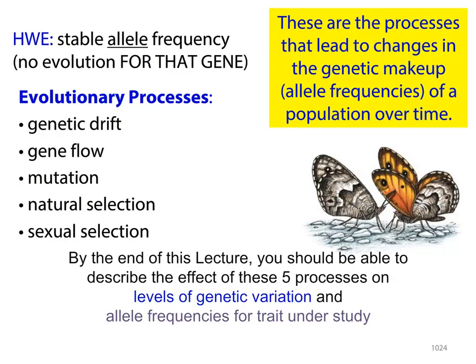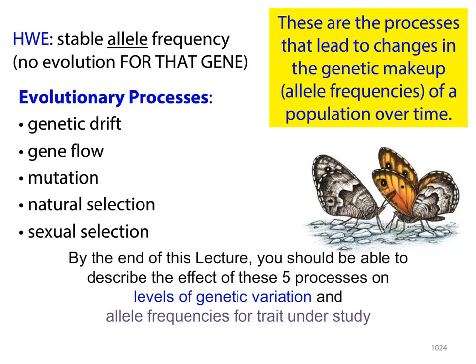All right, so Hardy-Weinberg is basically suggesting that there is a stable allele frequency. In other words, for that particular gene, there's no evolution. In order for this to happen, which by the way, most of the time in nature, you can imagine that this doesn't happen, to maintain a population in Hardy-Weinberg is actually pretty rare.